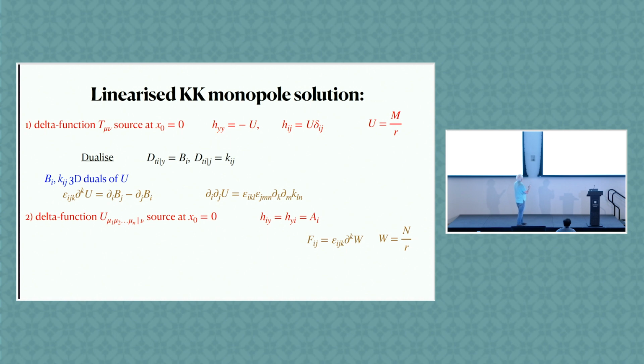Or we could dualize this one to get the dual graviton given by a vector field and a symmetric tensor, where these are the single dual of B or the double dual of U in this way. So in this way, we can dualize either of these two parts of the solution.